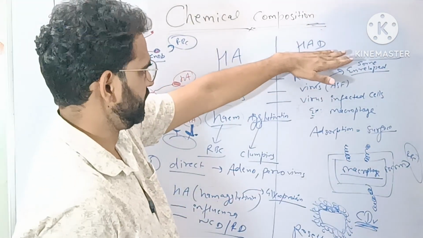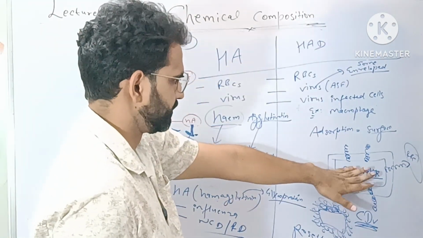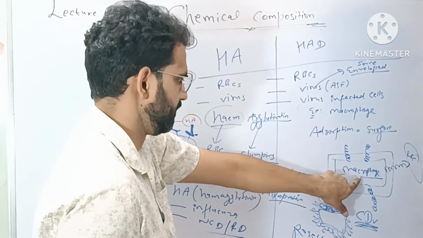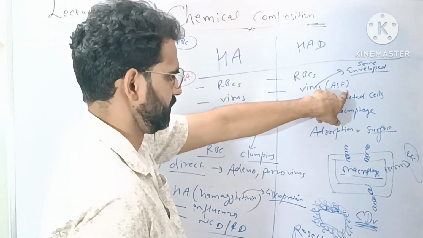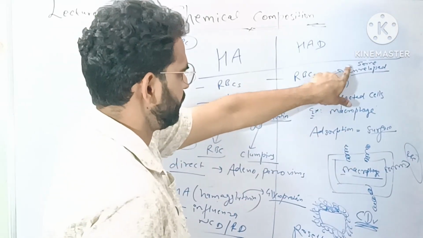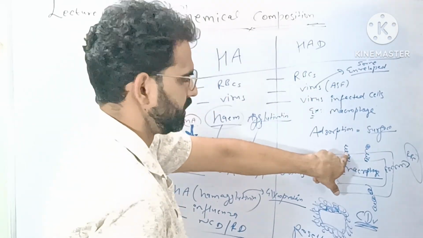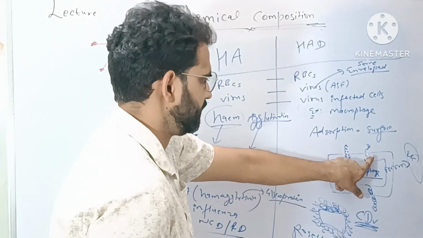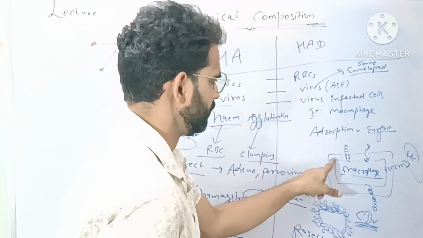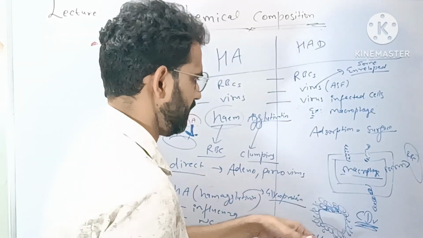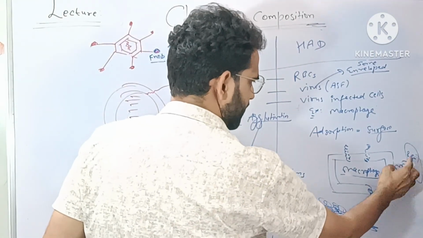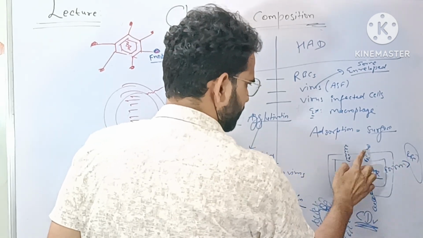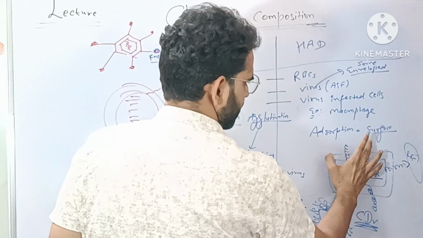So this is known as hemadsorption. Adsorption means on the surface of which cell? The infected cell, for example macrophage in the case of African swine fever. And these enveloped viruses implant, insert, and incorporate some glycoproteins into the cell membrane of the host cell, the infected cell. And these proteins then bind the RBC on the surface of the cell.